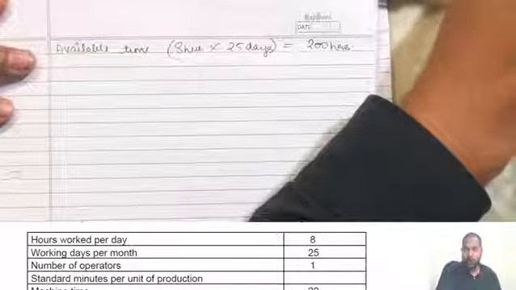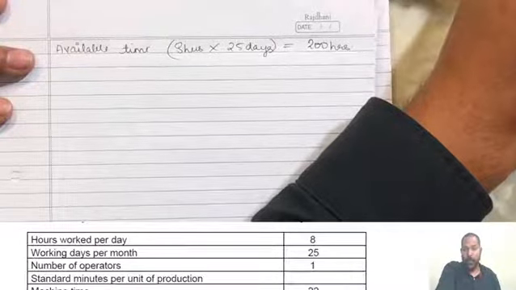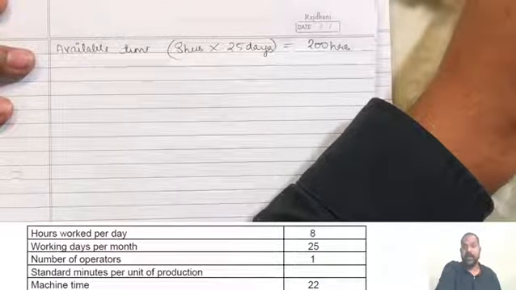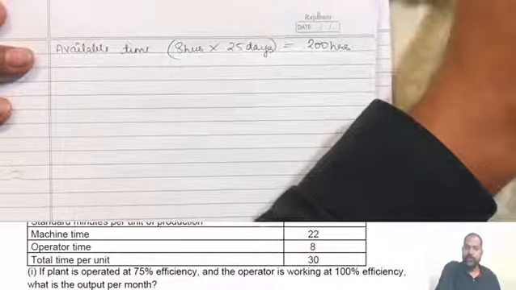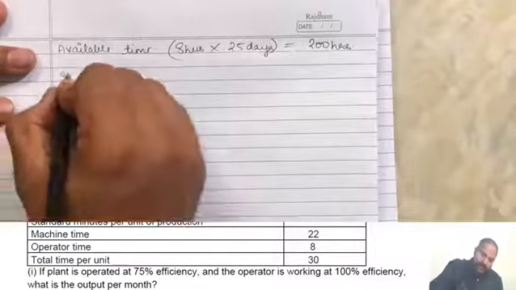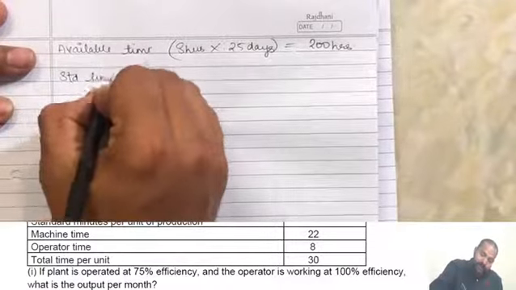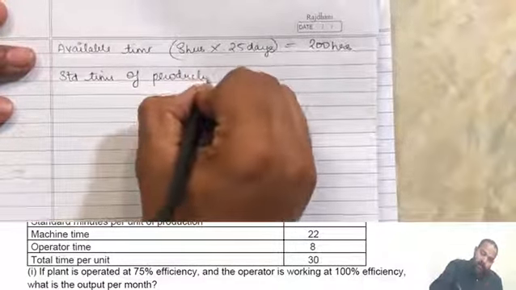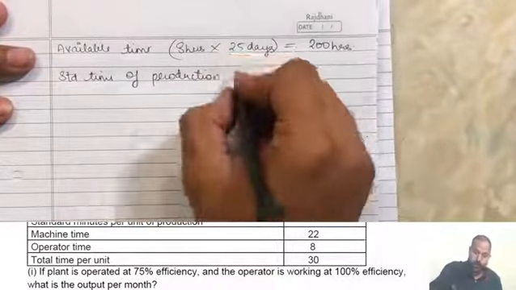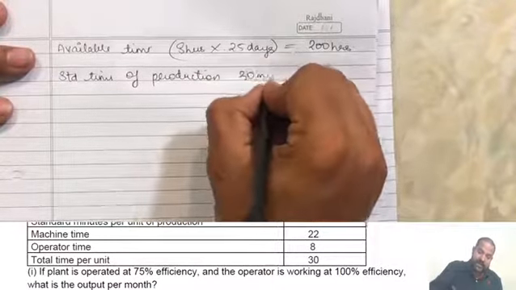I have one operator working on an article where the man time is 22 minutes and the machine time is 8 minutes, with a total of 30 minutes. So can I say the standard time of production, or you can write actual time of production also, is 30 minutes.